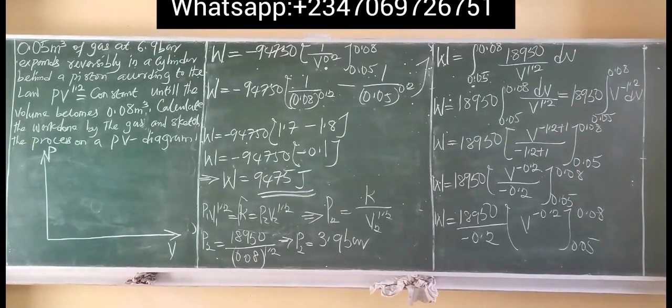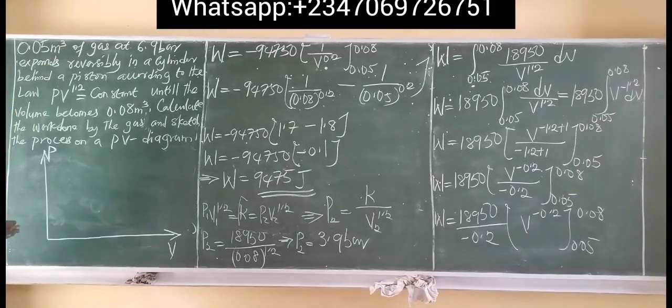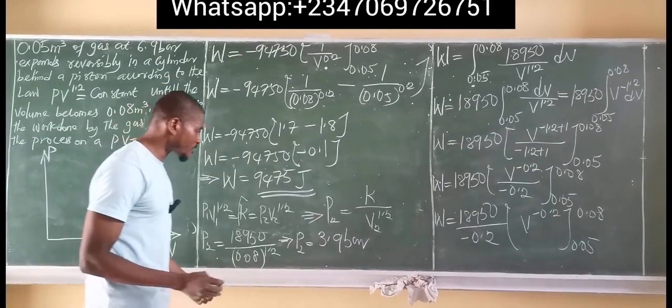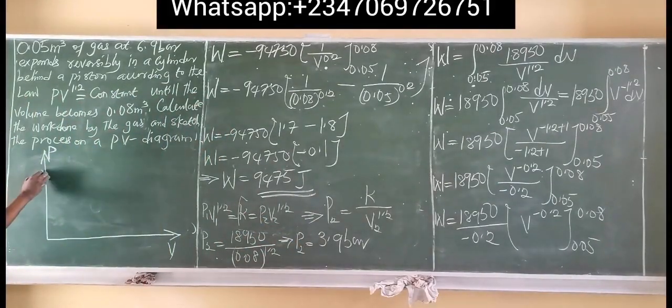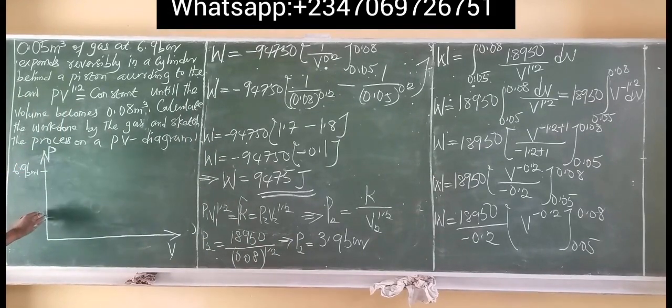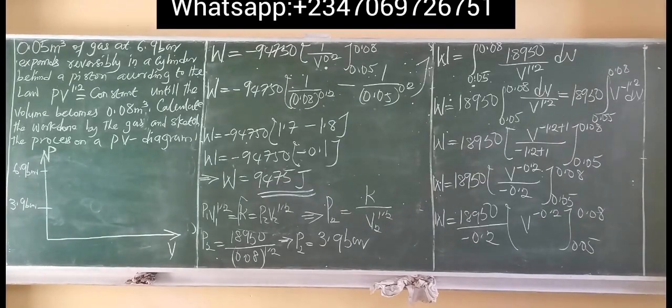So let's start from the question. 0.05 meter cube of gas at 6.9 bar. So the first pressure is 6.9 bar. So we arrange them from, of course, highest to lowest. If you compare the first pressure 6.9 bar to the second pressure 3.9 bar, 6.9 bar is the highest pressure. So you have here 6.9 bar, and of course the lowest pressure is 3.9 bar, which is pressure P2.